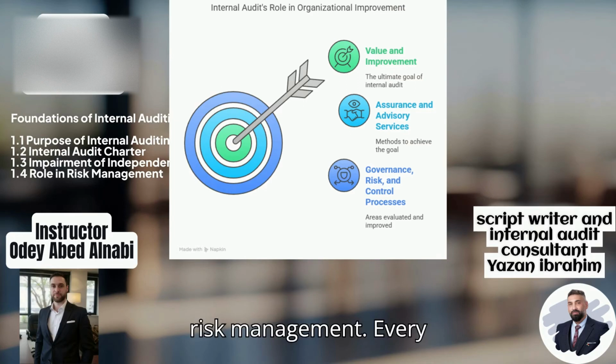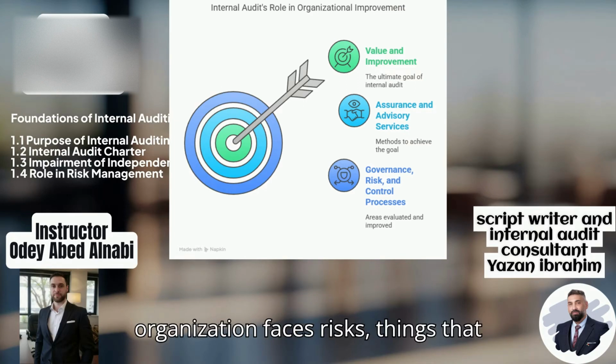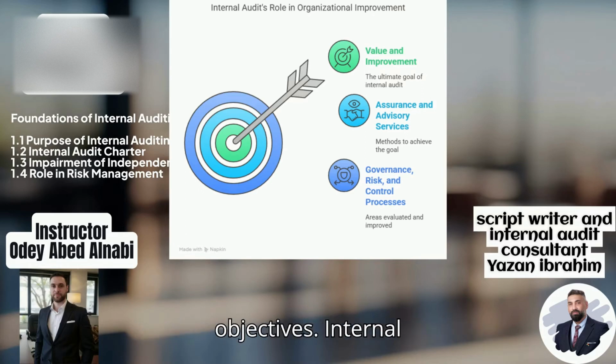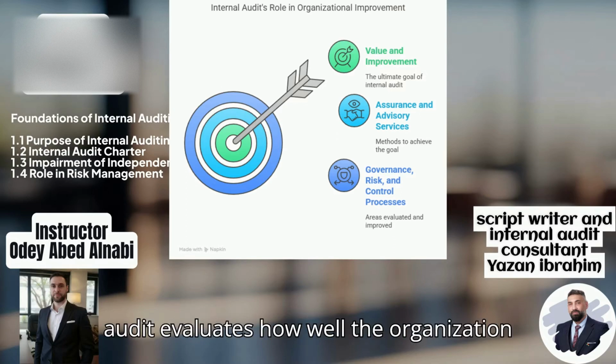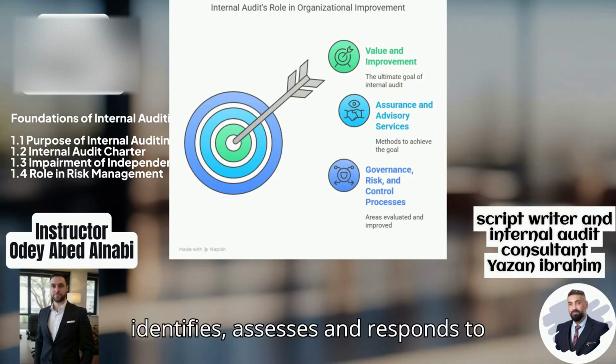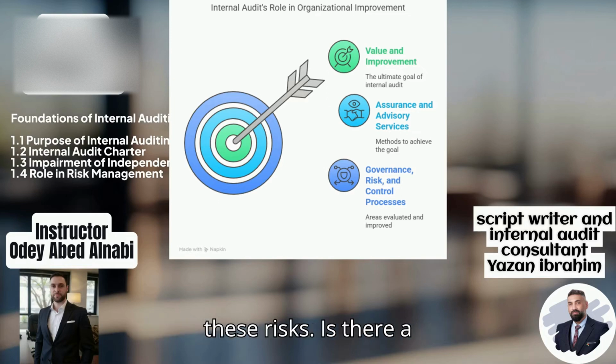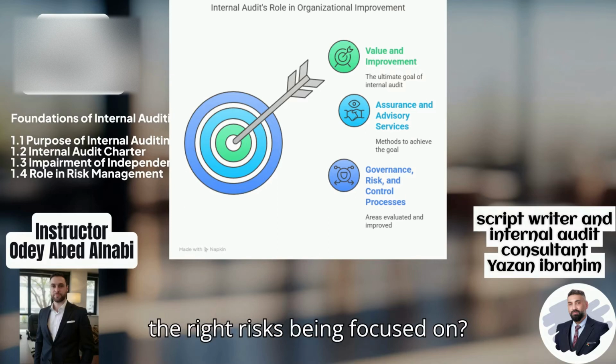Risk management. Every organization faces risks, things that could prevent it from achieving its objectives. Internal audit evaluates how well the organization identifies, assesses, and responds to these risks. Is there a robust process in place? Are the right risks being focused on?